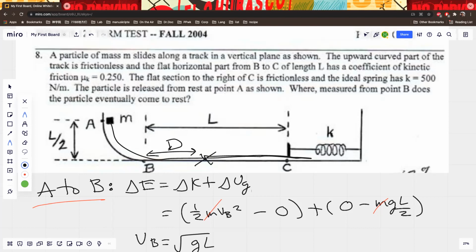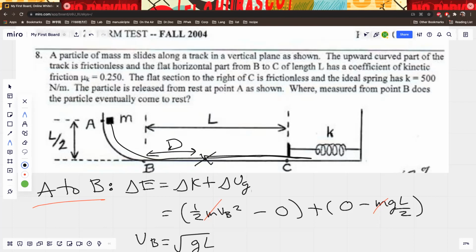So any idea where it's going to land? Well, it's probably going to land after it bounces back between B and C. So it would be from 0 to L from point B. It says measured from point B, so B is equal to 0.